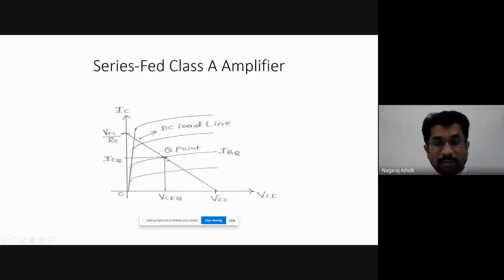If the transistor is operated at the Q point, then the amplification will be large. That is the advantage of operating the transistor at the Q point. That means the output signal amplitude will be larger if the transistor is operated at this Q point.